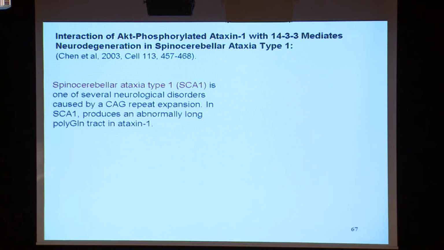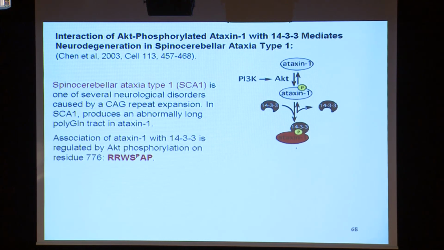Okay. So, what we know about the mechanism is that in spinocerebellar ataxia 1, with the CAG repeat in ataxin 1, ataxin 1 associates with 14-3-3 when ataxin 1 is phosphorylated on this motif of a basic amino acid followed by a phosphorylated serine, another amino acid, and a proline.